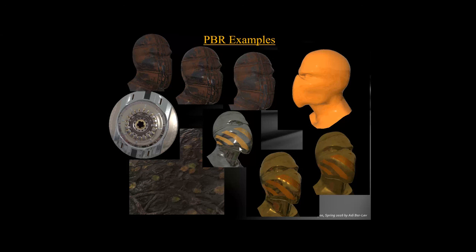If you look at the center head, you can clearly identify that there are paint stripes going over the head, but the head itself is something like metallic chrome. And so this is the beauty.